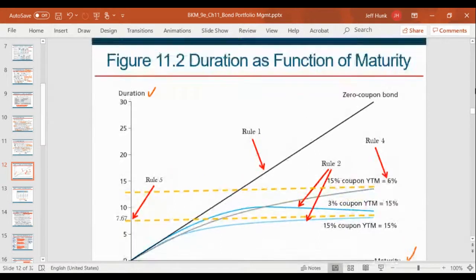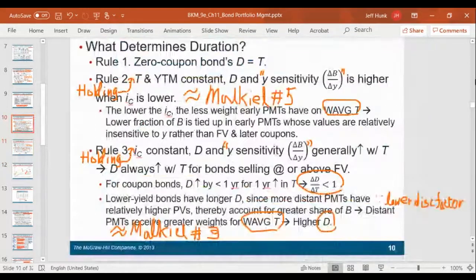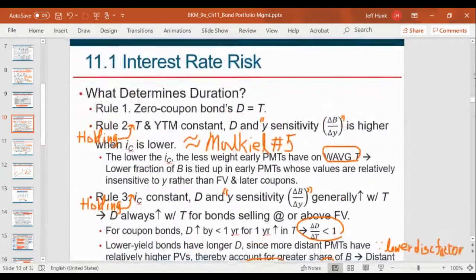What was rule number 5? Perpetuity. And what was rule number 2? Holding maturity and yield constant, duration is higher when coupon is lower.